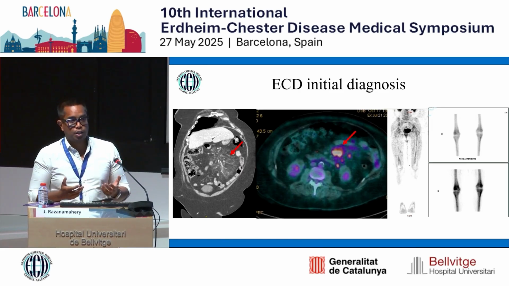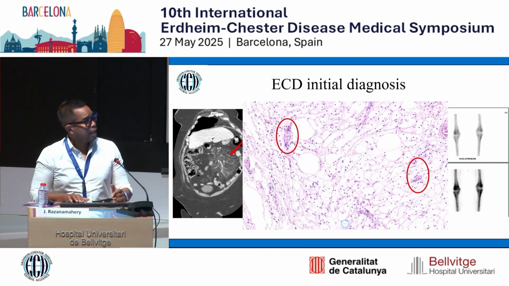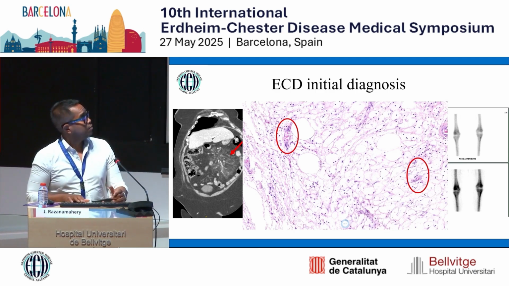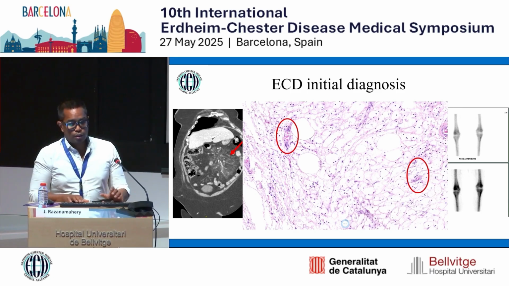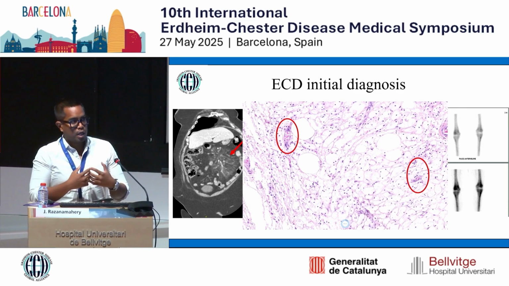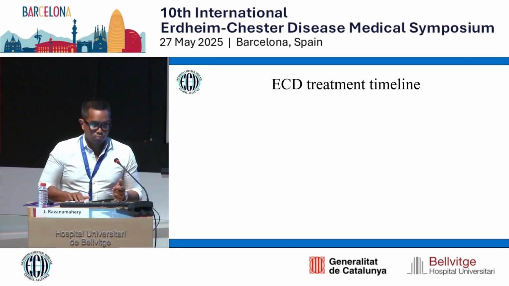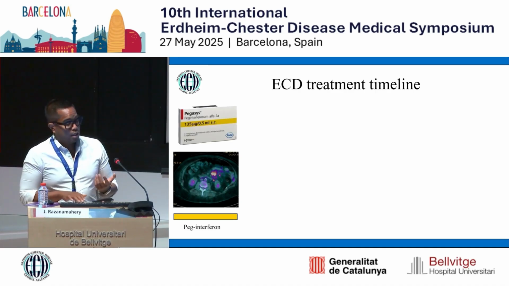So we concluded that the patient had ECD, and the biopsy here, provided by Jean-François Emile, showed that there were foamy histiocytes. So it was okay for us. We had no MAP kinase mutation, but we concluded that the patient had ECD. So it's the beginning of the story.